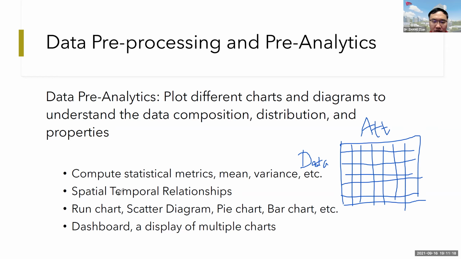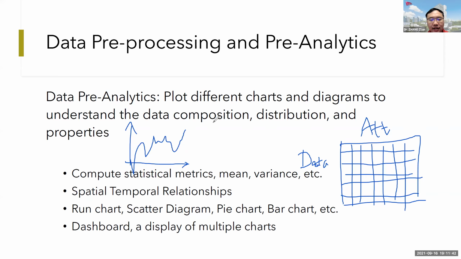You would like to use a run chart to display this. A run chart just displays the variation or the trend of the value of one attribute. You see how the trend deviates, how it fluctuates, and how it moves.